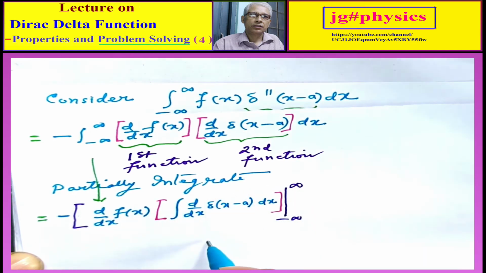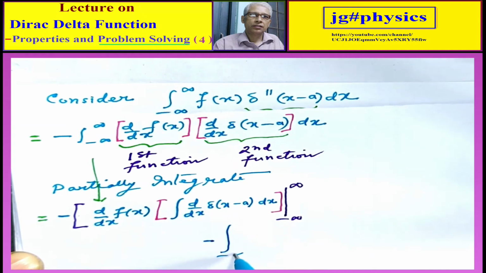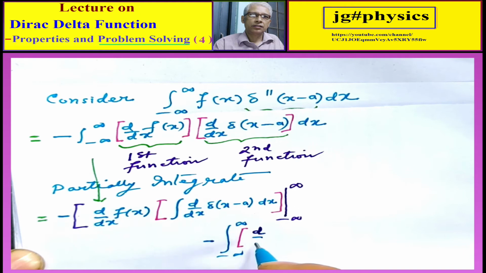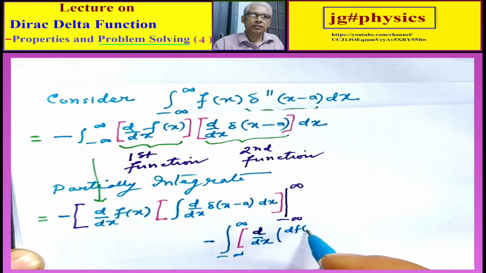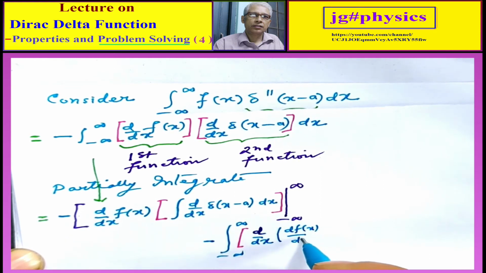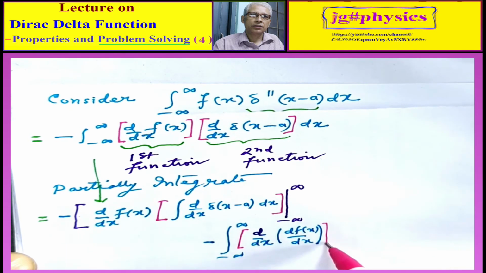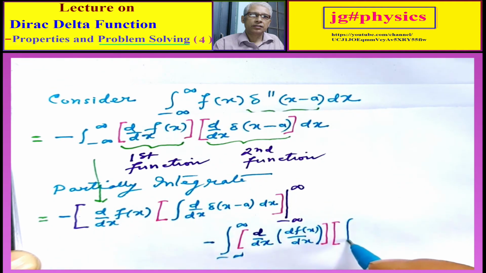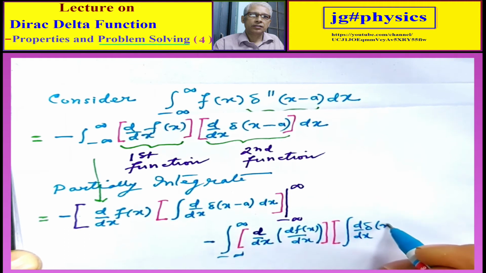So this gives the first term, and we are now into the second term. Integration limits are minus infinity to plus infinity. Then we have the first derivative df dx multiplied by integration over the second function.